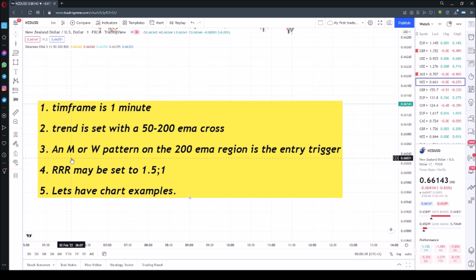That means we need to see an M or W on the 200 EMA region for us to get into the trade. Then the reward to risk ratio may be set to 1.5:1. With that, we mean the reward is going to be 1.5 in ratio as to 1 part of the risk side. Then the last one, of course, let's have chart examples to actually fully understand this particular strategy.